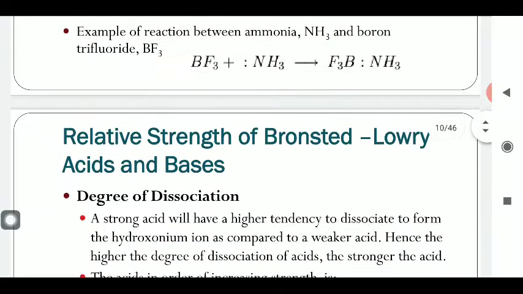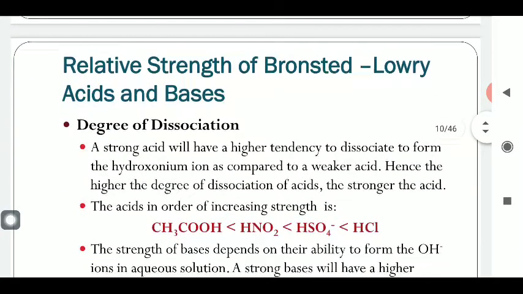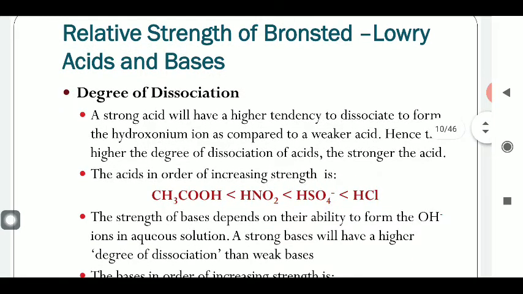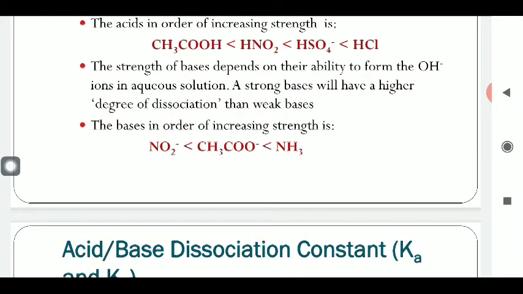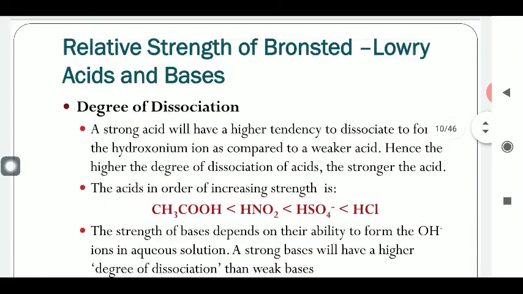Clear? Now I am going to explain the relative strength of Bronsted and Lowry acids and the degree of dissociation. What do you mean by the degree of dissociation? A strong acid dissociates completely, 100% dissociated into the corresponding cations and anions. On the other hand, weak acids are those which dissociate only up to some extent. In the same way, you can also apply this concept to bases.